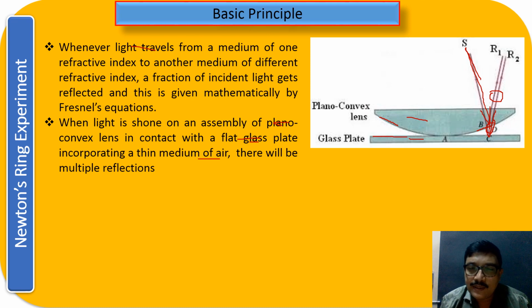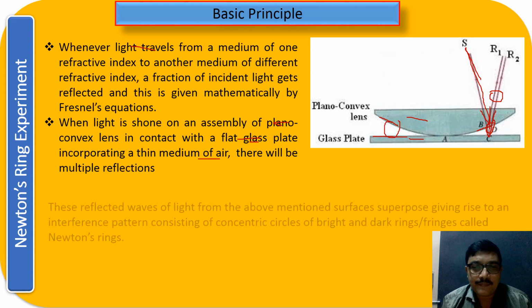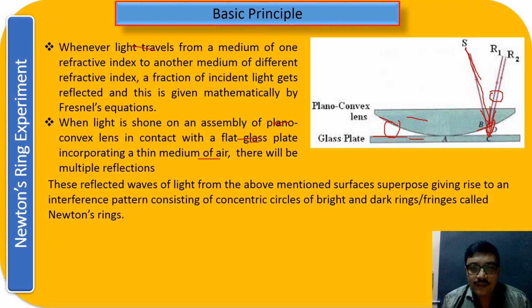Because of multiple reflection and interference, you are getting the ring pattern. Now you know why you are getting circular rings: around the point of contact, the thickness of the air film is uniform. Hence, you are getting bright and dark circular rings, correct?